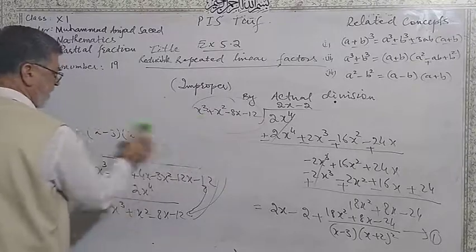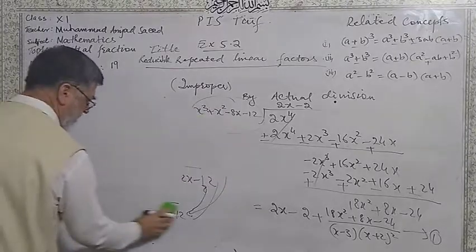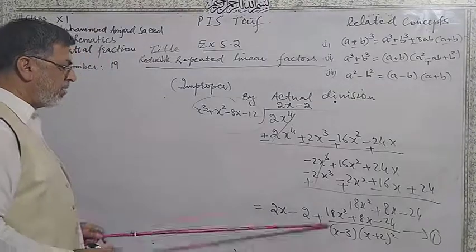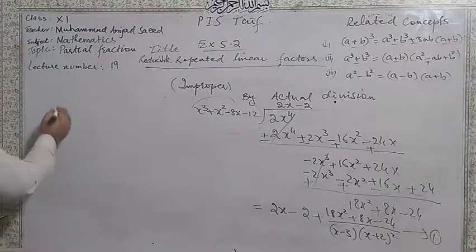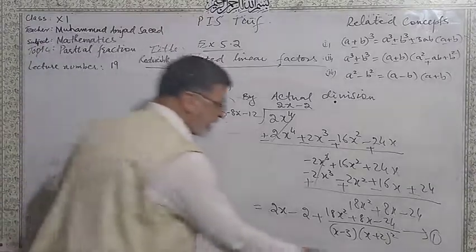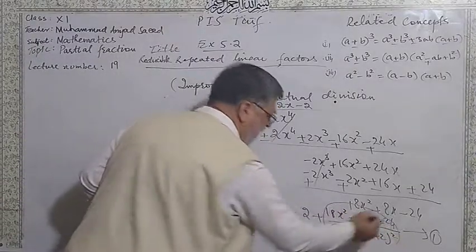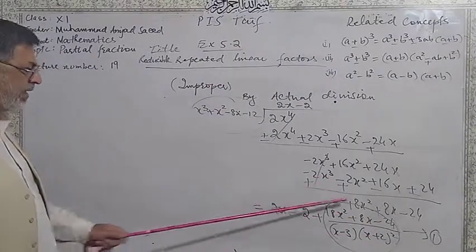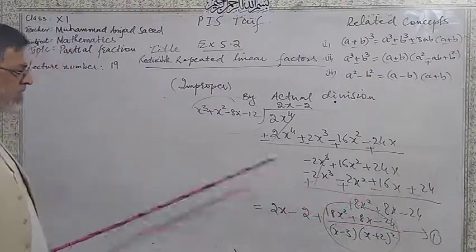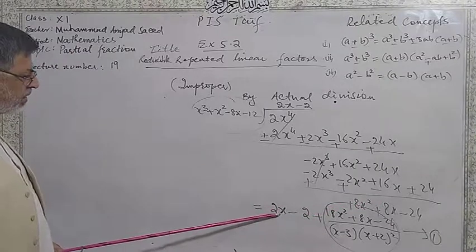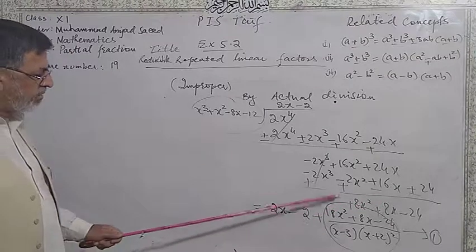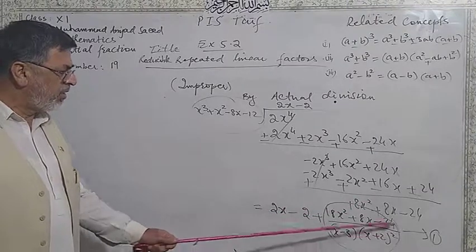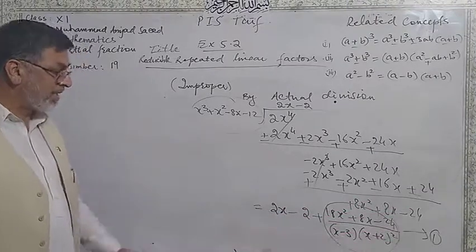Dear students, you can check. We have equation number 1. By partial fraction, we will find this part, and at the end you will write down your answer here in equation number 1. Your answer will start 2x minus 2 plus something over x minus 3 plus something over x plus 2 plus something over x plus 2 square.